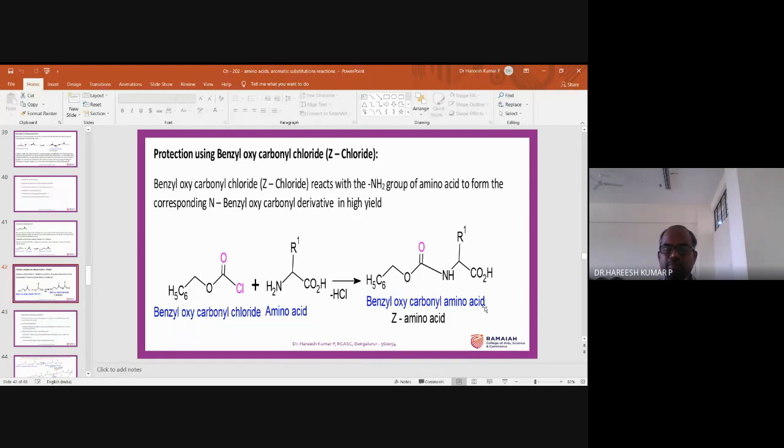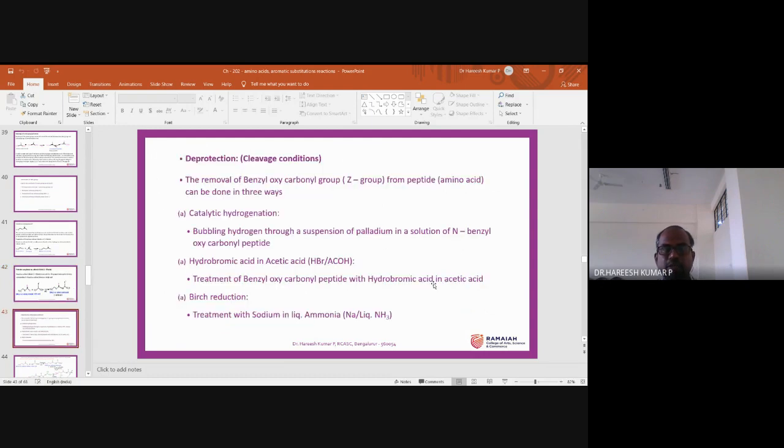Once the desired peptide is obtained, one should go for deprotection of the amino acid. So deprotection is also called the cleavage condition: the removal of the benzyl oxycarbonyl group, Z group, from the peptide.